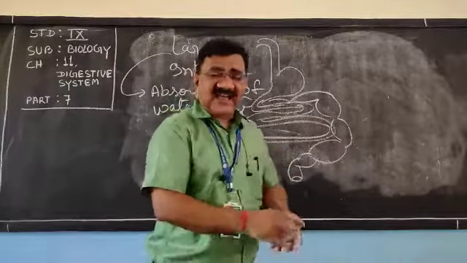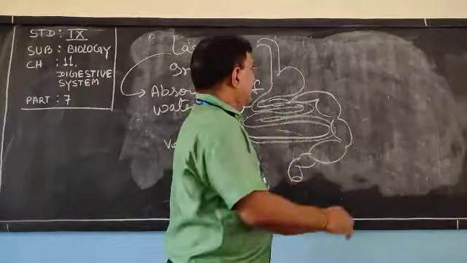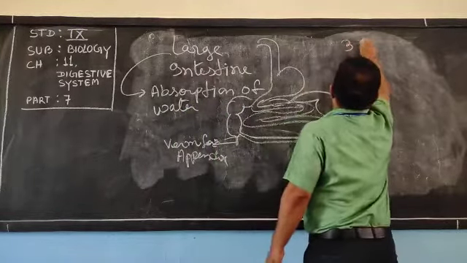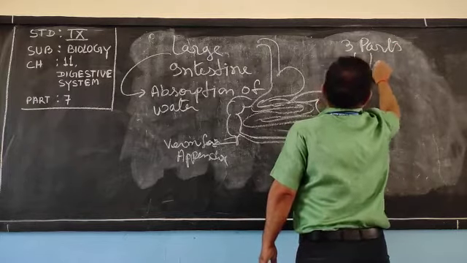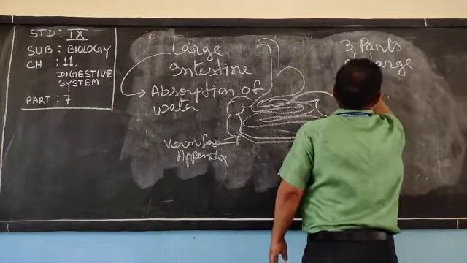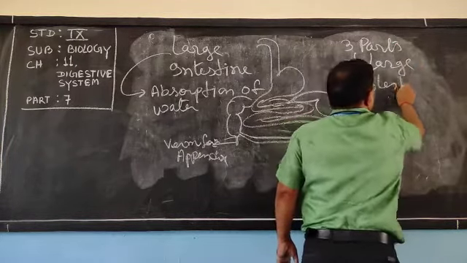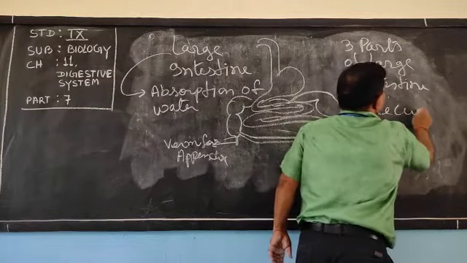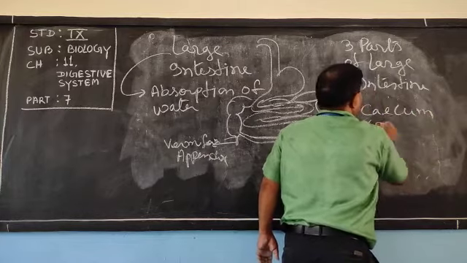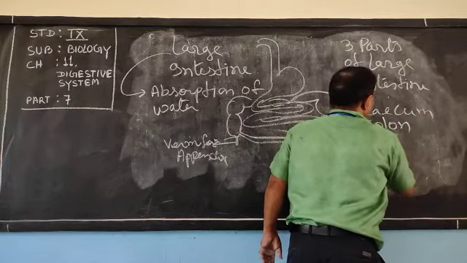As the small intestine has three parts, there are three parts of the large intestine also. What are those three parts? Those three parts are cecum, colon, and rectum.